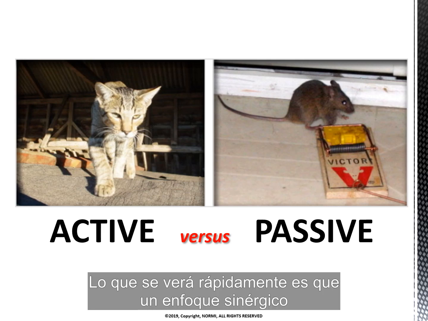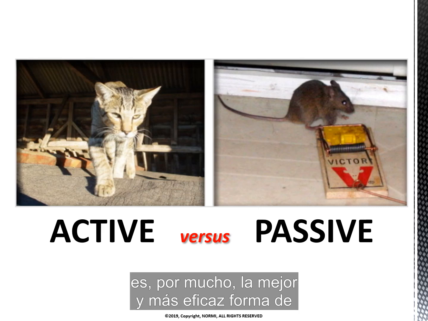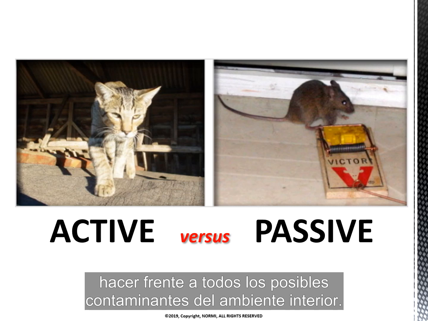What you'll quickly see is that a synergistic approach utilizing multiple technologies in a combination of passive and active is by far the best and most effective way to deal with all of the potential contaminants in the indoor environment.